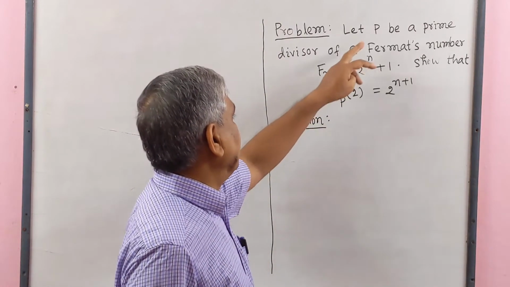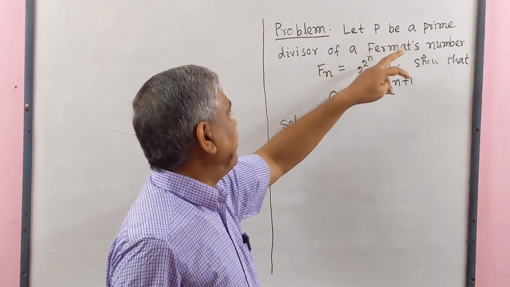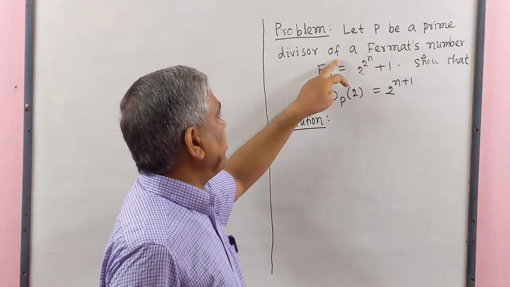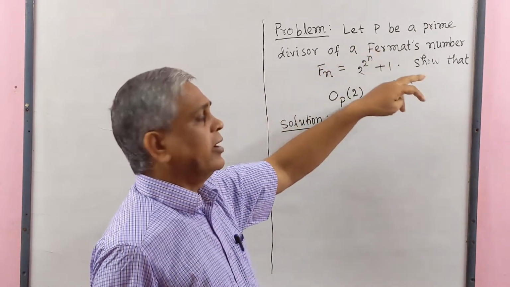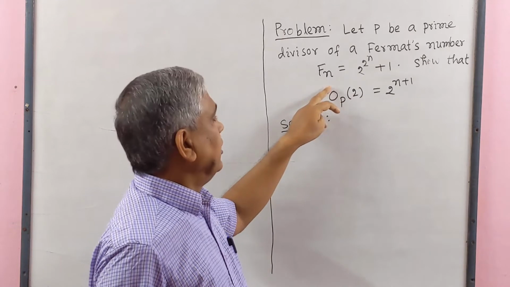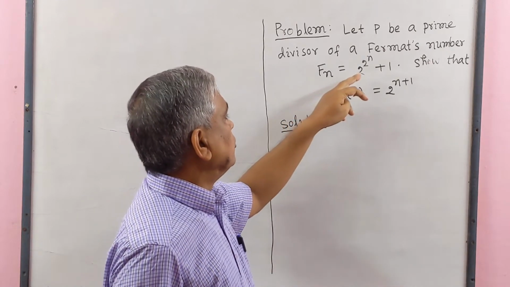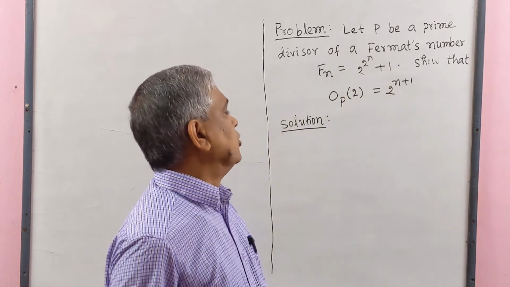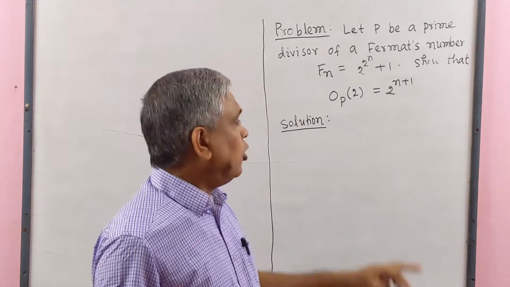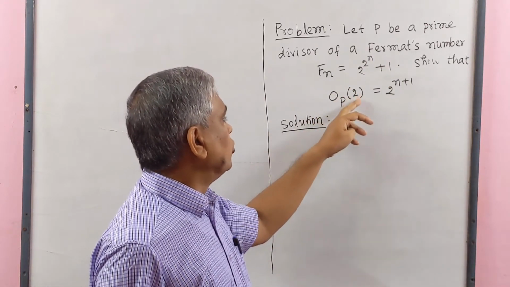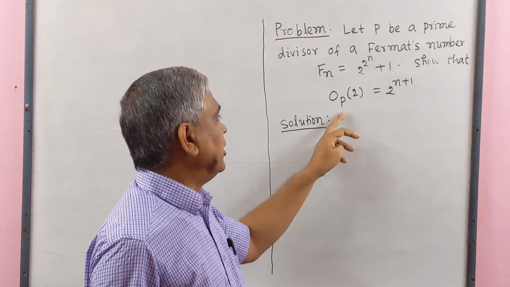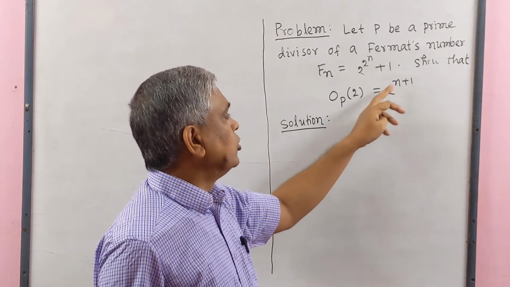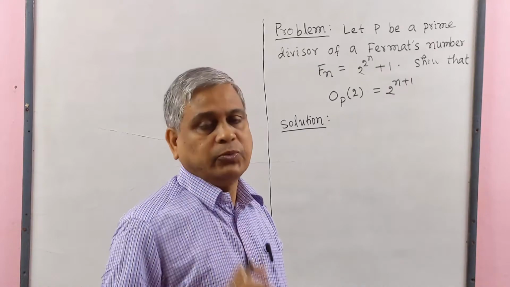Problem is, let P be a prime divisor of a Fermat's number Fn, Fn equal to 2 to the power 2 to the power n plus 1, so that order of 2 modulo P equal to 2 to the power n plus 1.